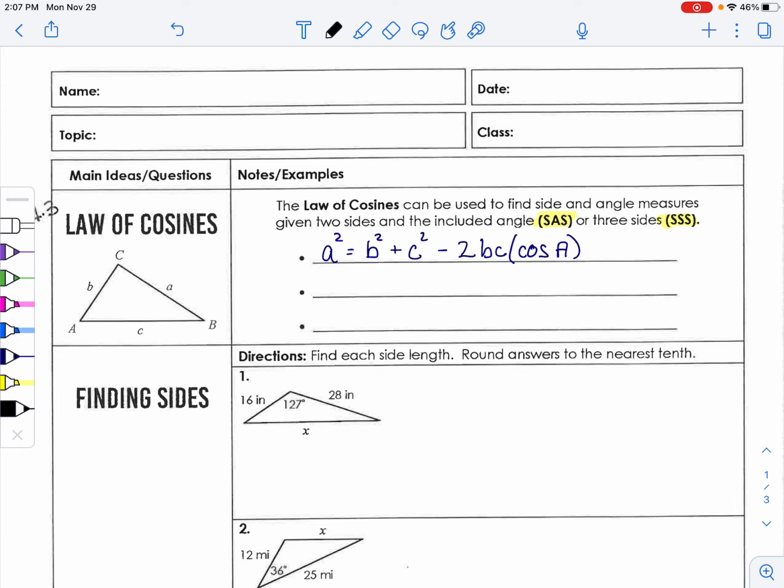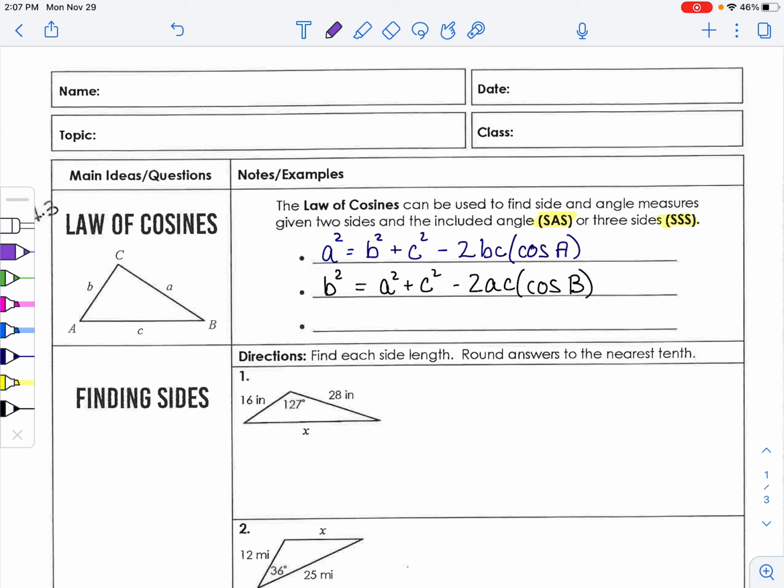Another version of law of cosines would be B squared is equal to, well, we've got to find the other two sides. The other two sides are A and C. Minus, those two sides were A and C, multiplied by the cosine. I started with side B, so I'm going to end with cosine of B.